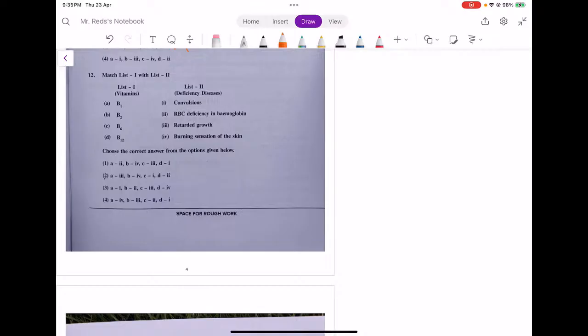List 2, deficiency disease: convulsions, RBC deficiency in hemoglobin, retarded growth, burning sensation on the skin.